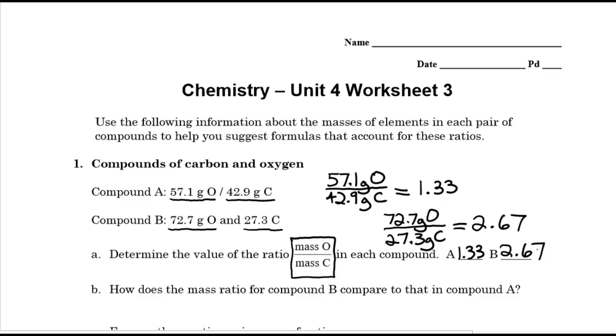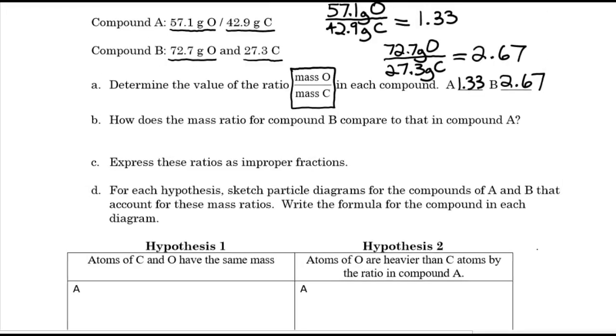The next question, how does the mass ratio for compound B compare to that of compound A? Well, you might notice right away, B is bigger than A, but we can also, I think, go a step farther than that. You might notice that 2.67 is about twice as big as 1.33.